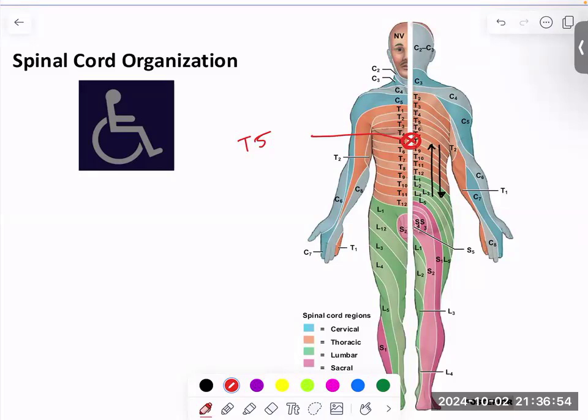That is a paraplegic. Why? The information cannot go lower than this. The information that is coming up from the foot, from the legs, does not travel up the spinal cord anymore because it is severed right there. All the information going down and up does not exist anymore.